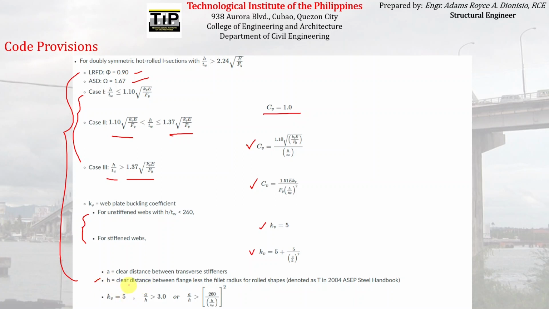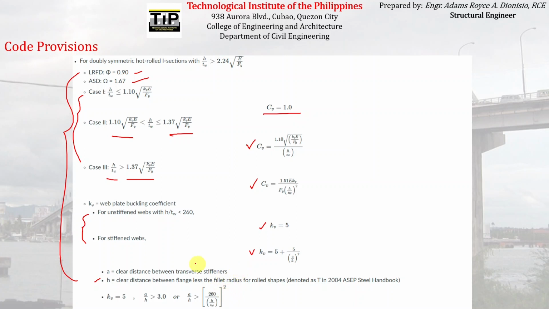And for kv equal to 5, the a over h is greater than 3 or greater than 260 over (h over tw) quantity squared.